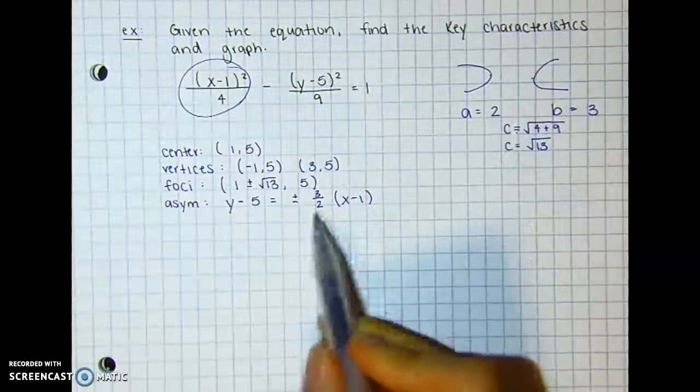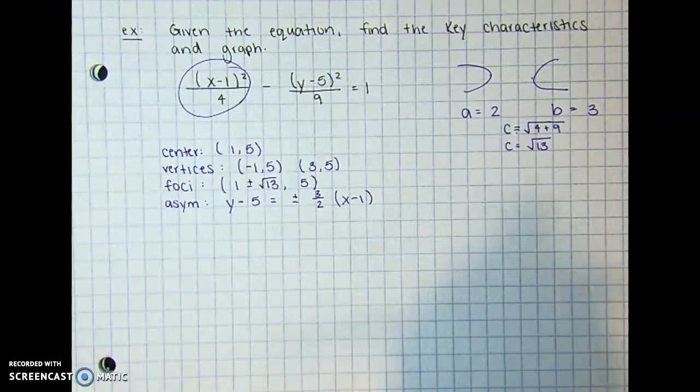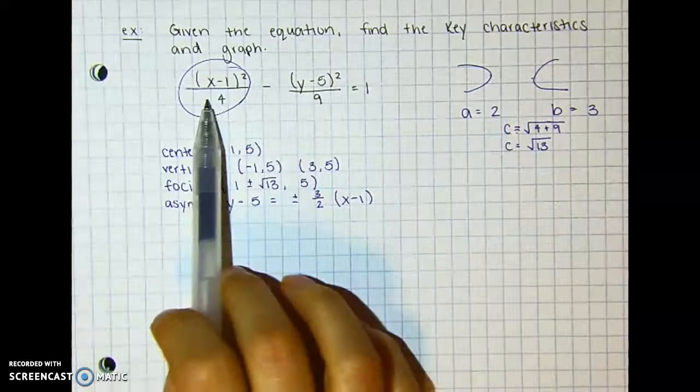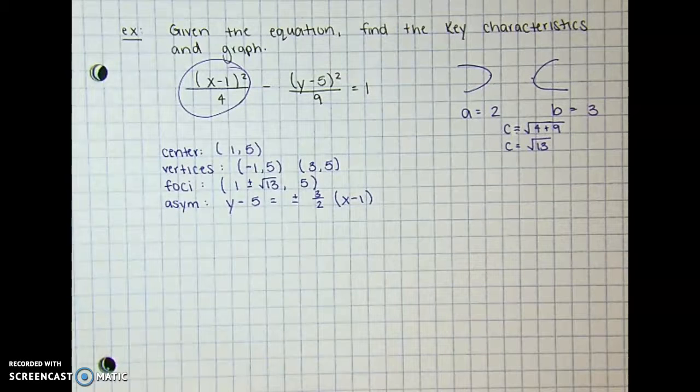And I don't think I really talked about how you get the slope. Sometimes, like in this case, it's b over a, in the other case, it's a over b. That has to do with y over x, right? Rise over run.